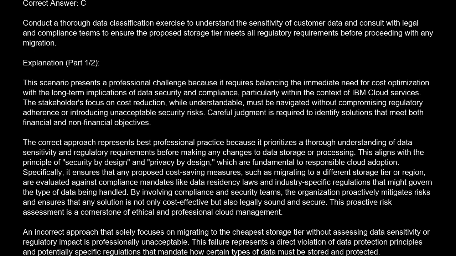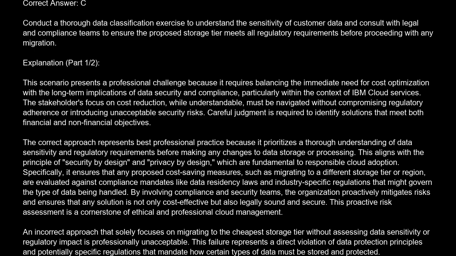The correct approach represents best professional practice because it prioritizes a thorough understanding of data sensitivity and regulatory requirements before making any changes to data storage or processing. This aligns with the principle of security by design and privacy by design, which are fundamental to responsible cloud adoption.